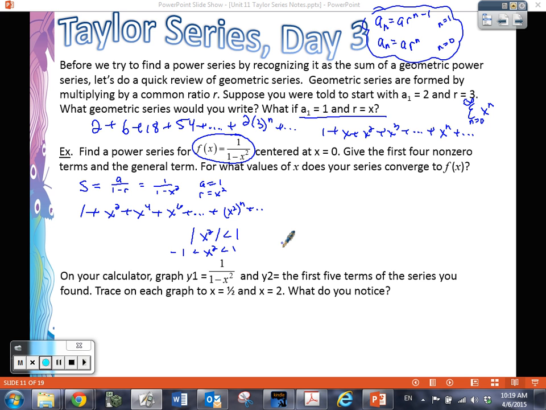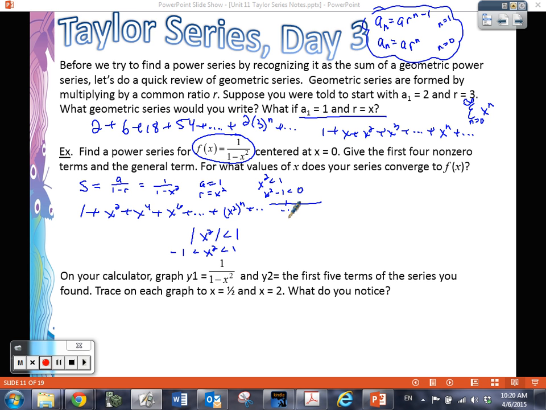Here's the thing: this statement is always going to be true. No matter what I put in for x, it's always going to be bigger than -1. So I don't even consider that part, because it's always true. This is the piece that I would have to work: x squared less than 1. And if you'll recall, I have to do a sign chart and test the signs.